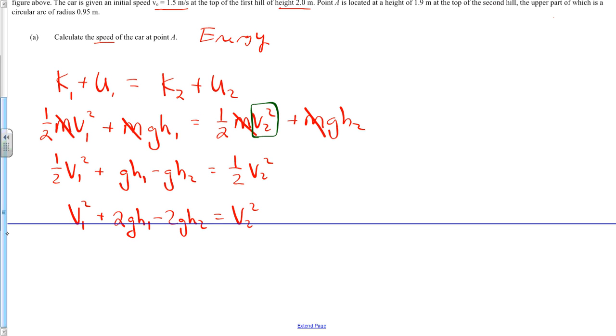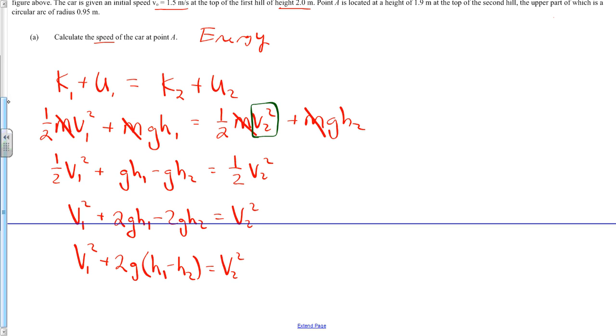And like we looked at in the previous problem, V1 squared plus 2g(h1 minus h2) equals V2 squared. That's our old kinematics equation.